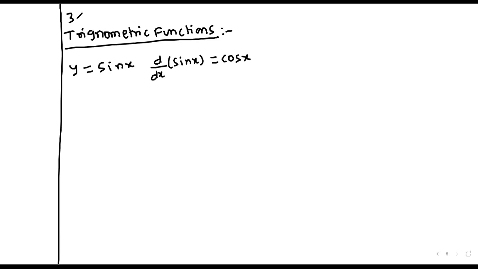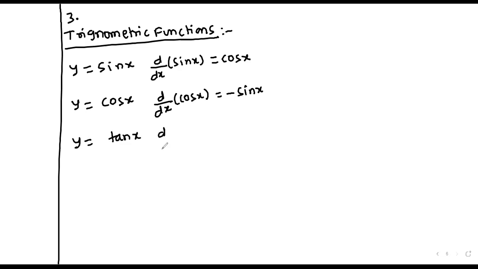And this is number 3. y is equal to cos x. d by dx of cos x is equal to minus sin x. Okay, fine. y is equal to tan x. d by dx of tan x is equal to secant square x.